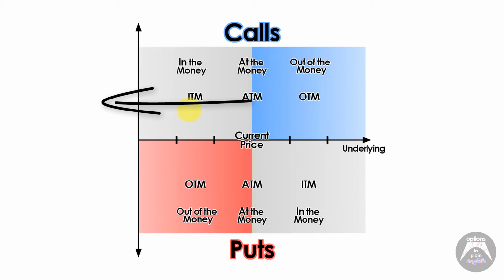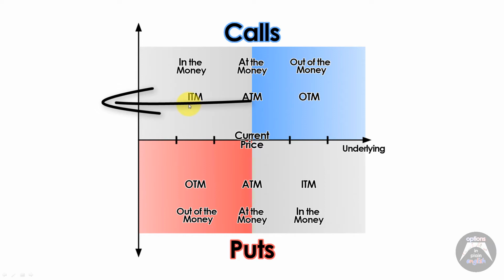So it already has embedded in it the difference between the strike price and the current price. Because of this, they're considered in the money because they're already inside a range where they have some value.